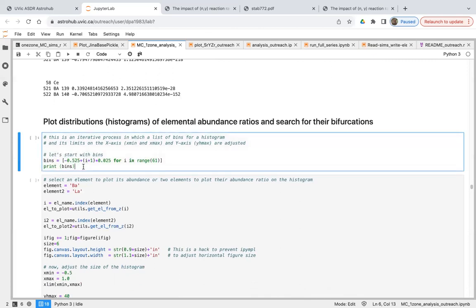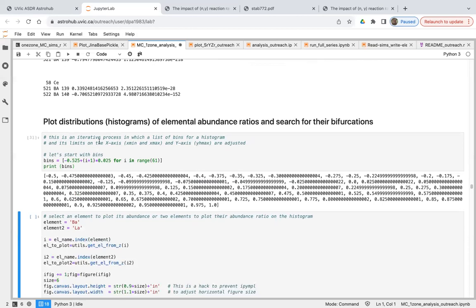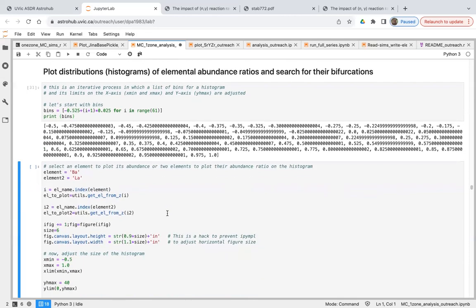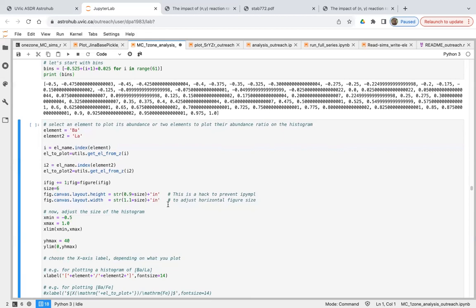First, we select bins. So these two cells, of course, don't work automatically for any case. You have to adjust, tune up some parameters, to tune up the choice of bins and limits for the x and y axis. In this template notebook that has already been done.